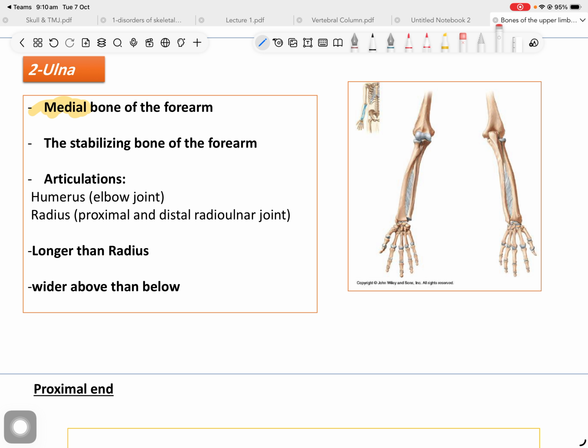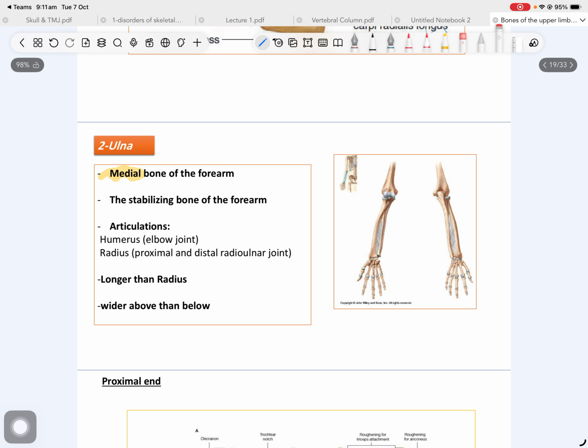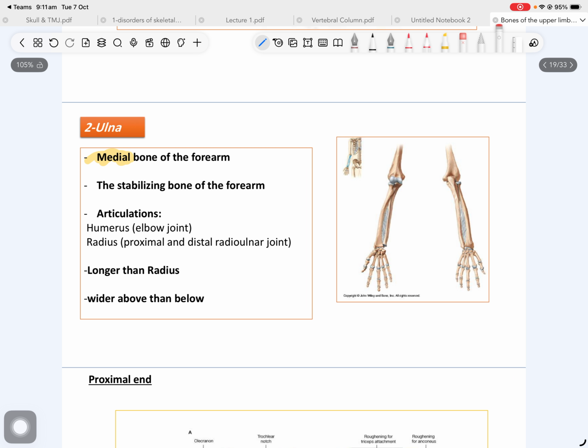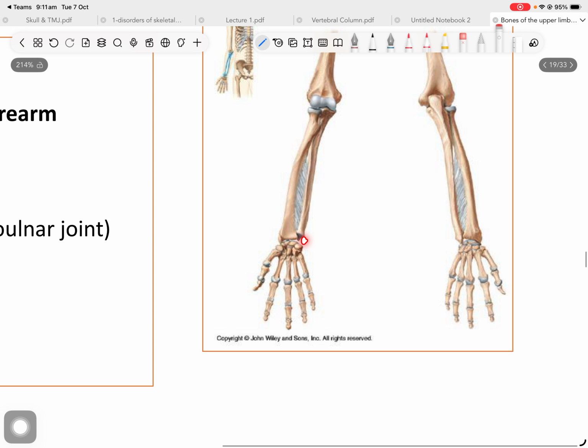What about the articulation? This bone articulates here with the trochlea of the humerus at the elbow joint. What about the wrist? It is very important to know that there is no articulation between the ulna and the carpal bones. So the ulna is excluded from the wrist joint. What about this space here? On this space, what do I have?